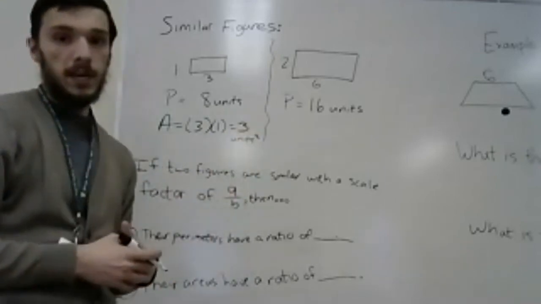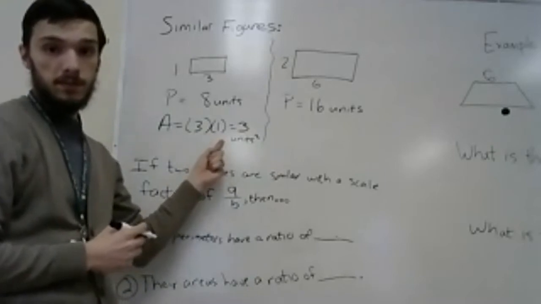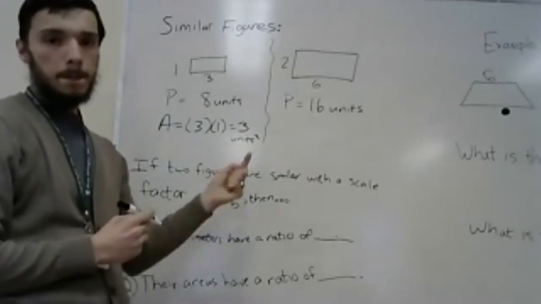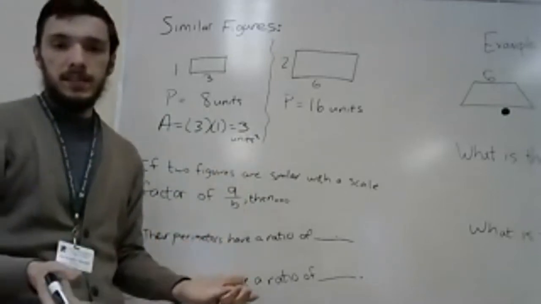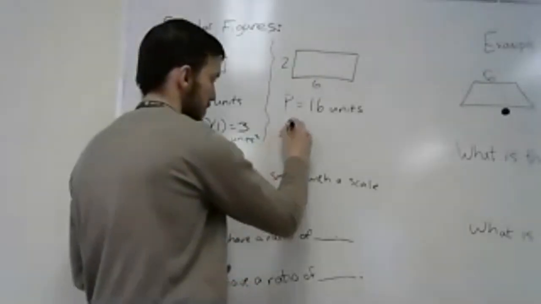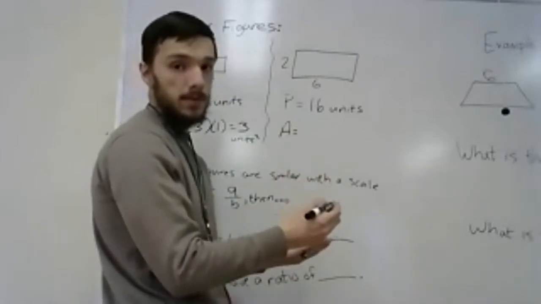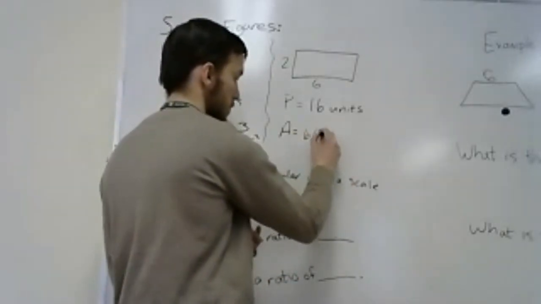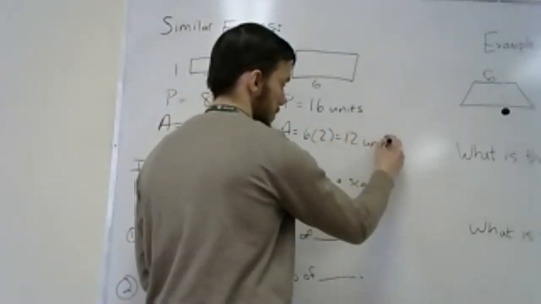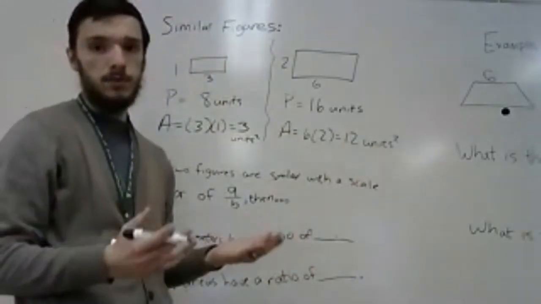So when we multiply the length times width of our first rectangle, we get 3 units squared. Okay. Now let's take the area of our second rectangle. We have a length of 6 and a width of 2. So our area is 12 units squared.